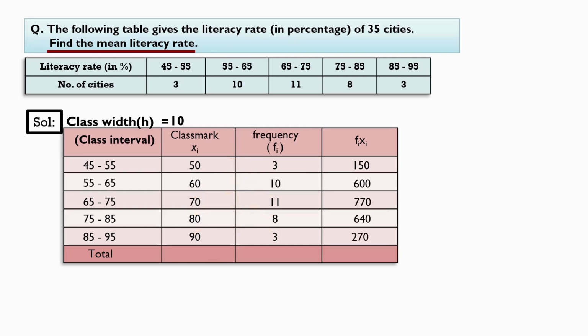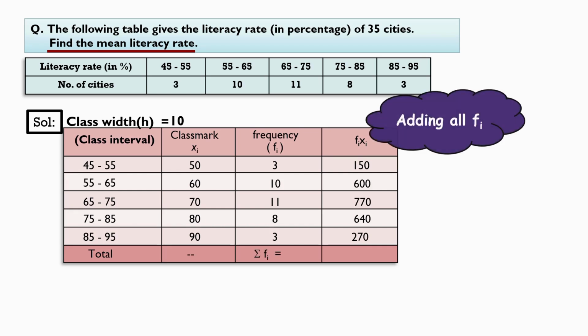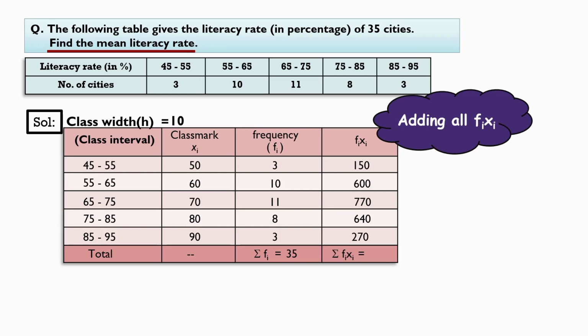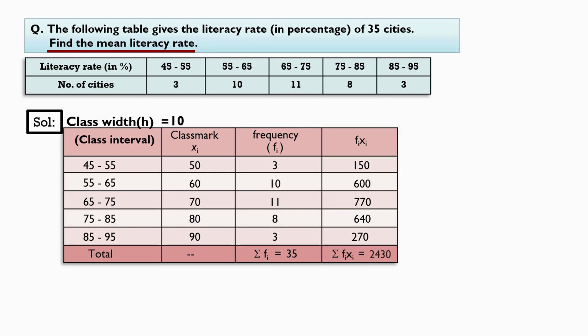Now at the end we have to do summation of fi and the summation of FiXi. So summation of fi means adding all fi's, and similarly summation of FiXi means adding all FiXi. Then the mean, that is x bar, will be equal to summation of FiXi divided by summation of fi.